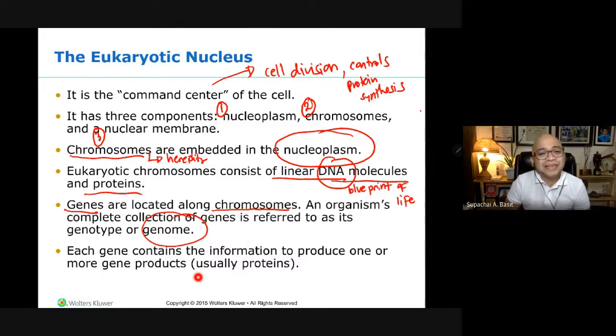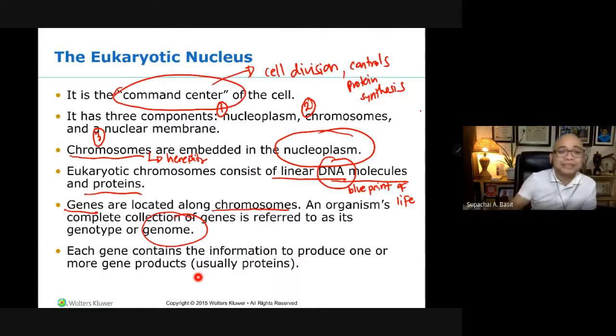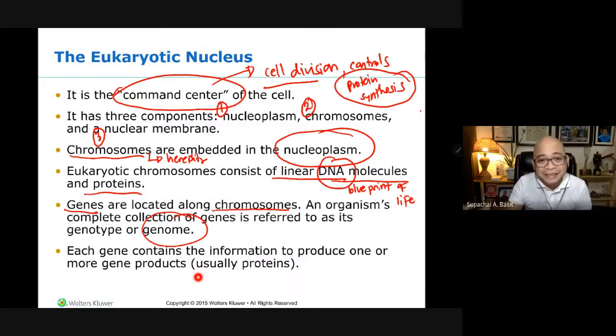Each gene contains the information to produce one or more gene products in the form of proteins. So that's the reason why I told you a while ago, the nucleus is considered to be the command center, because it's responsible for cell division and for our protein synthesis.